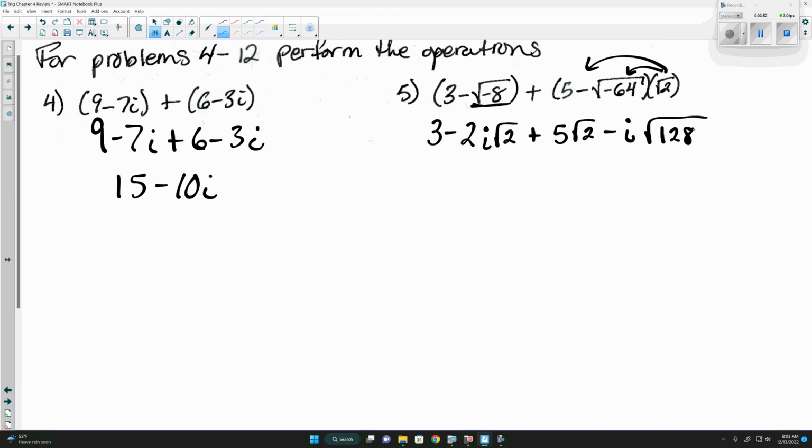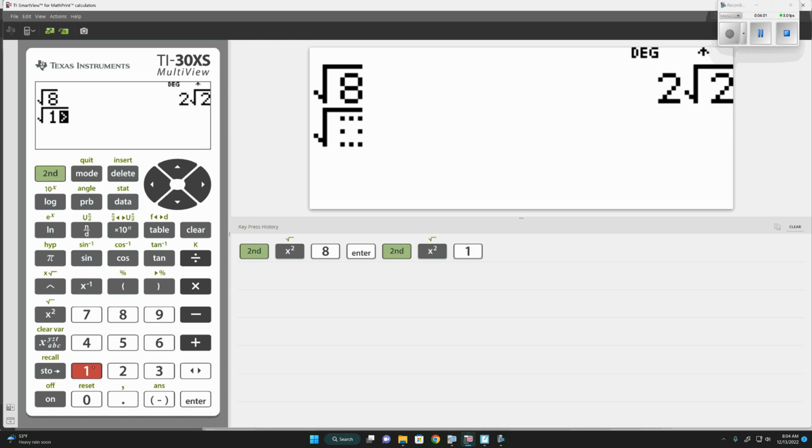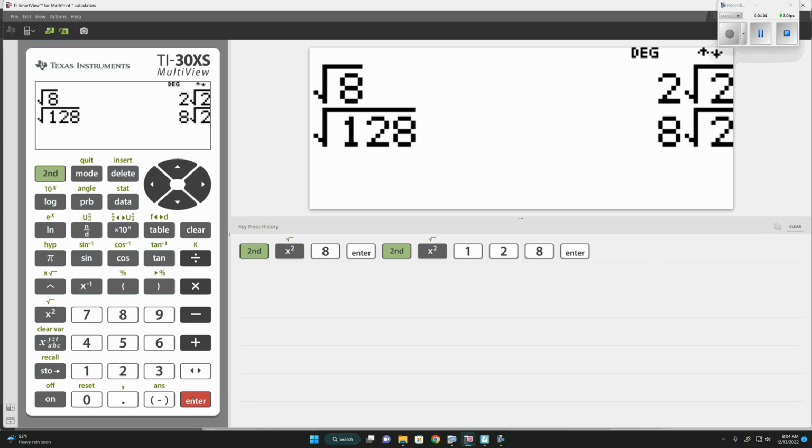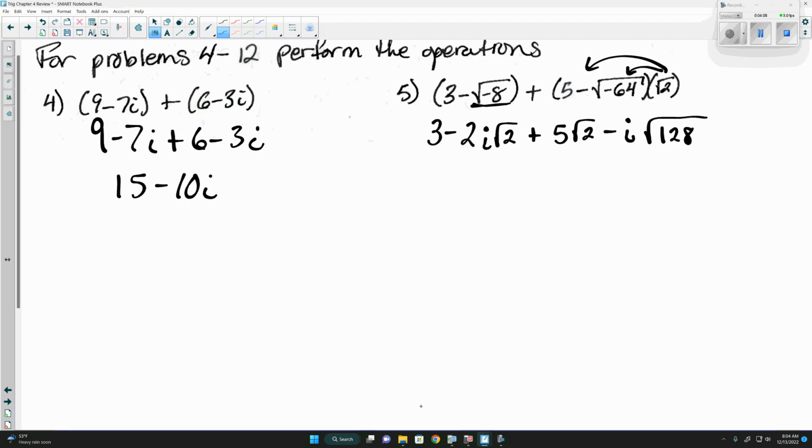Now I pull the negative out as i because it's going to be a little bit easier to work with. In the calculator, we can take the square root of 128, which tells us it's 8 square root of 2. So really, this here is 8 square root of 2, because we could rewrite this as 3 minus 2i plus 5 square root of 2 minus 8i square root of 2.